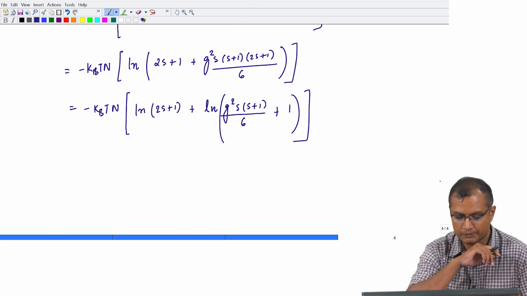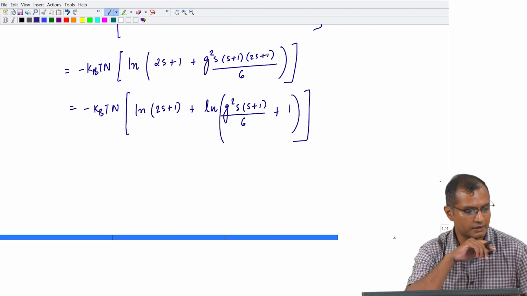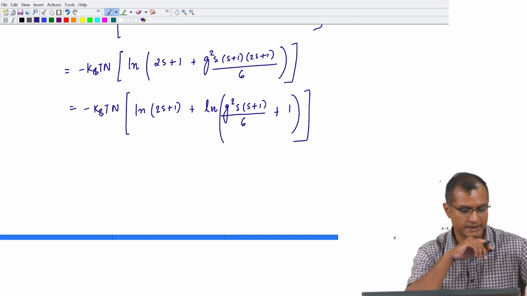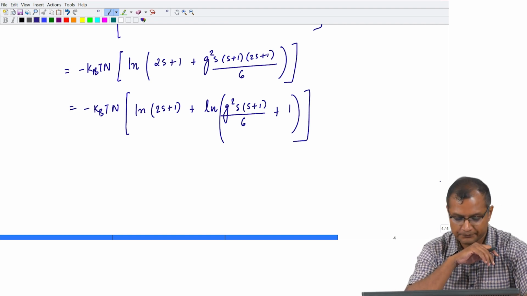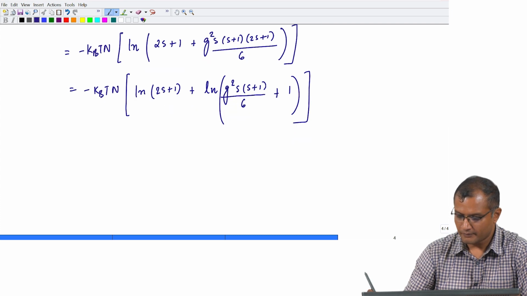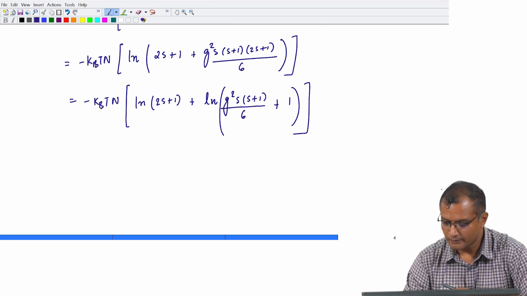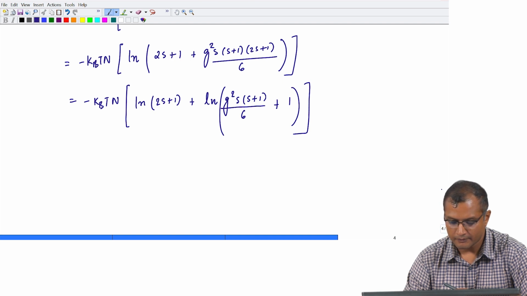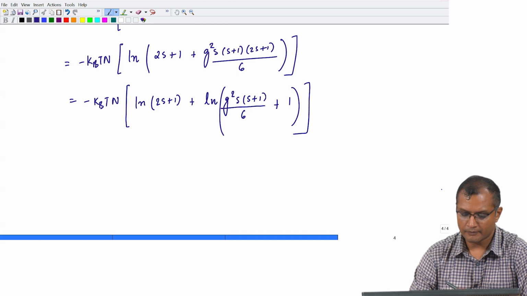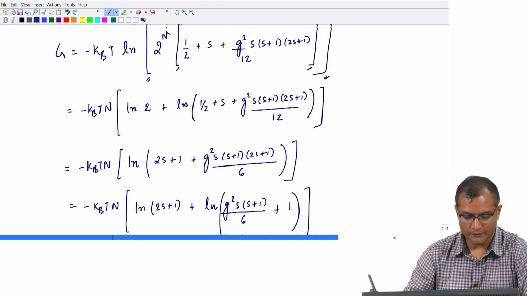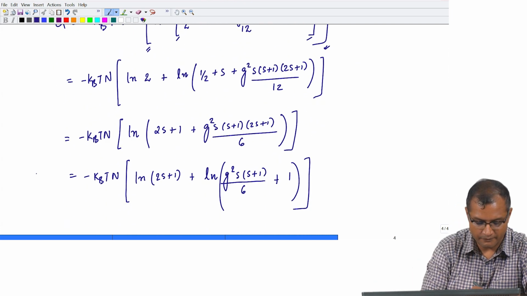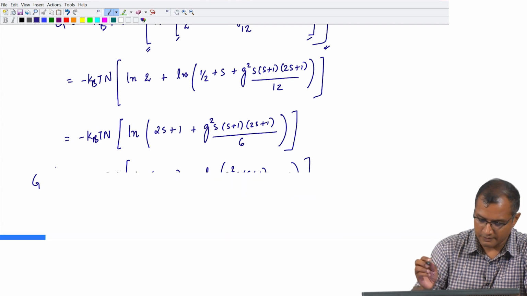Okay, so what I can call here is basically, this is my G at some magnetic field.